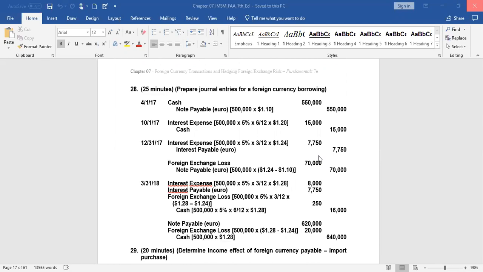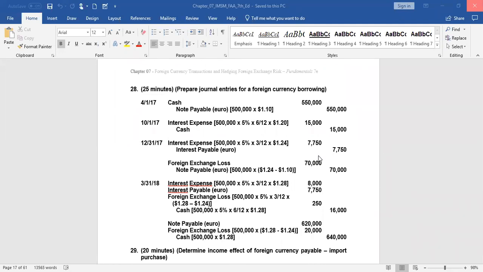So that would be a payment of 6,250 euros. But the conversion rate, you would have to pay $1.24 on December 31st for 1 euro, is really $7,750. Now, they're not paying anything on December 31st, but because of normal accrual accounting, we must accrue that interest expense, debiting interest expense and crediting interest payable for the dollar value of those euros, $7,750.